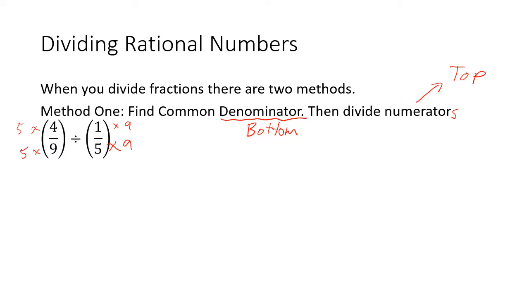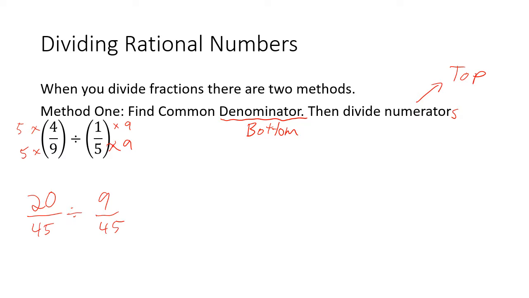Okay, so 5 times 4 is 20, 5 times 9 is 45. Divide by 1 times 9 is 9, and then 5 times 9 is 45. So I've done step 1, I found the common denominator.